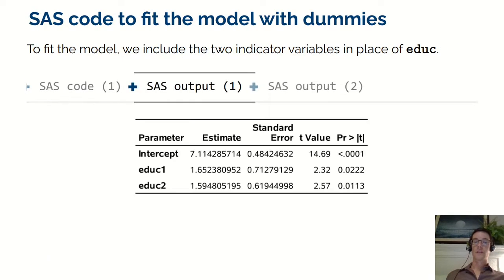So you see now the parameter estimates. This is the output. So 7.11 is the average score for people in education class 3. People with lower education actually have higher scores, something like 8.76 for people with lower education. So the average of education level 1 is the sum of intercept plus education 1.